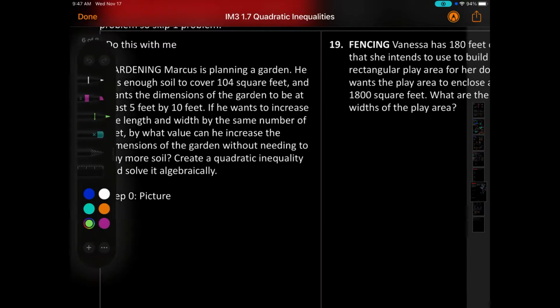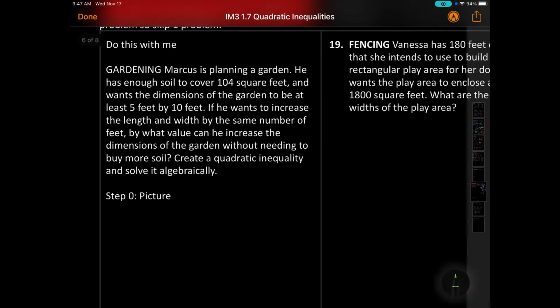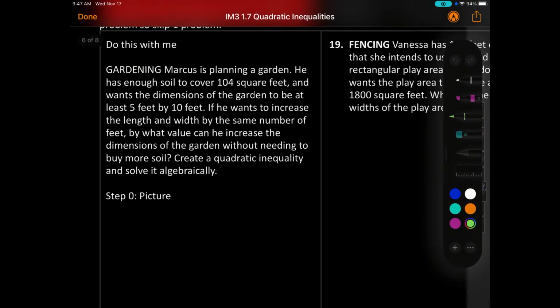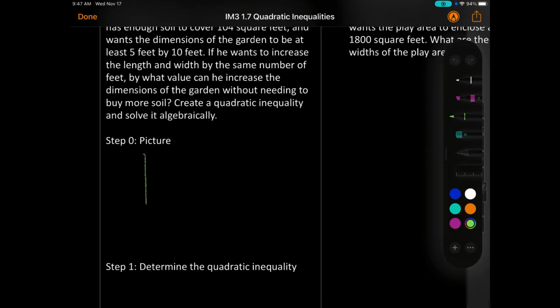Create a quadratic inequality and solve it algebraically. So let's go ahead and draw a picture. So here's my picture. We know that this is 5 by 10. And we want to increase it by the same number of feet, so I'm going to call that one x.